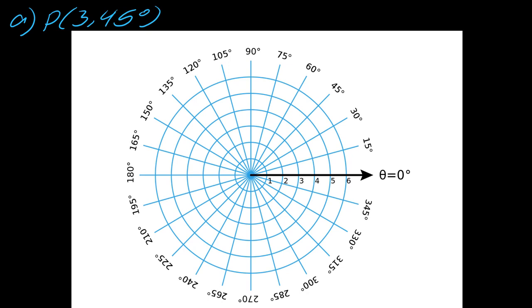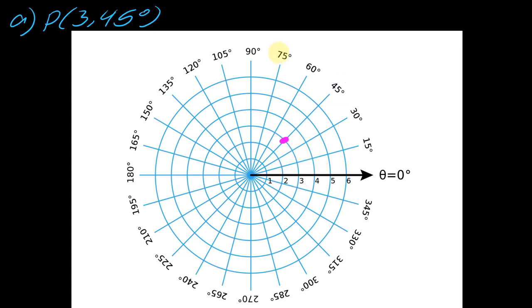Okay, so to actually plot this point is pretty simple. First, on these rings that you see here, on these circles, you want to find the third circle. Okay, there you go. And then you want to find where 45 degrees is. Okay, we're good. Then you take from 3 and move up to where we're at 45 degrees.